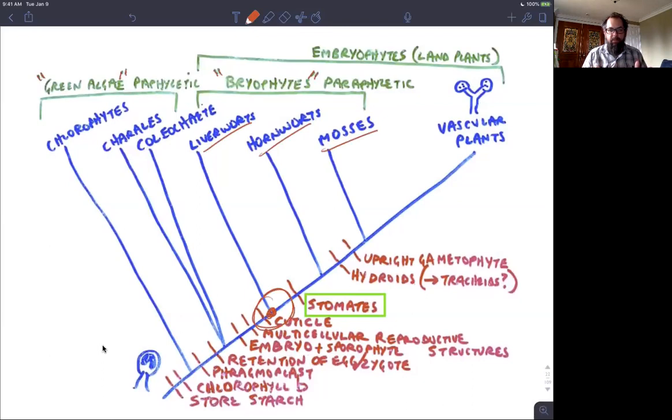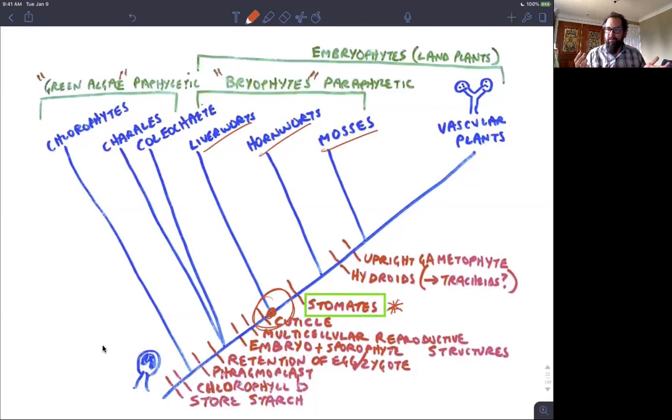And as we can see, the evolution of certain characteristics changes. One of those that I want to emphasize right now is stomata. I'll show you what stomata are. The reason this one is interesting is because in that bryophyte group, hornworts and mosses both have stomata, but liverworts do not.